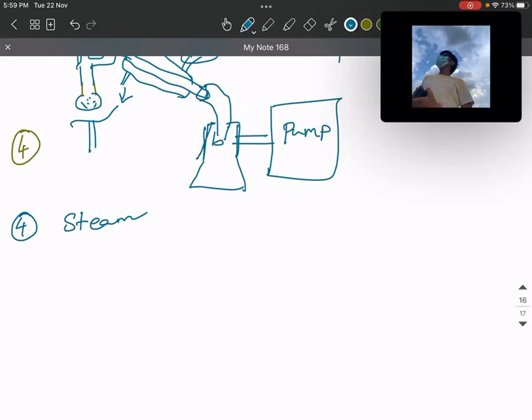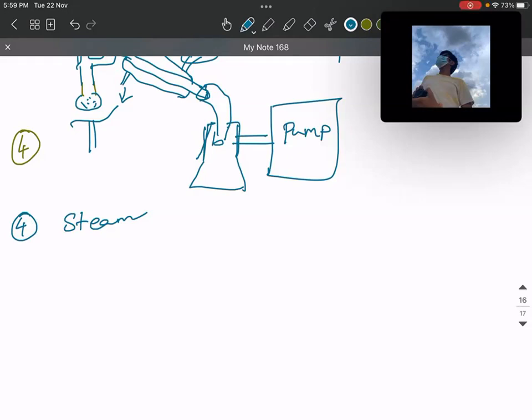Because of that, it starts boiling, and then you separate it. That is known as steam distillation. This method is convenient for the separation of organic compounds from non-volatile organic and inorganic impurities.